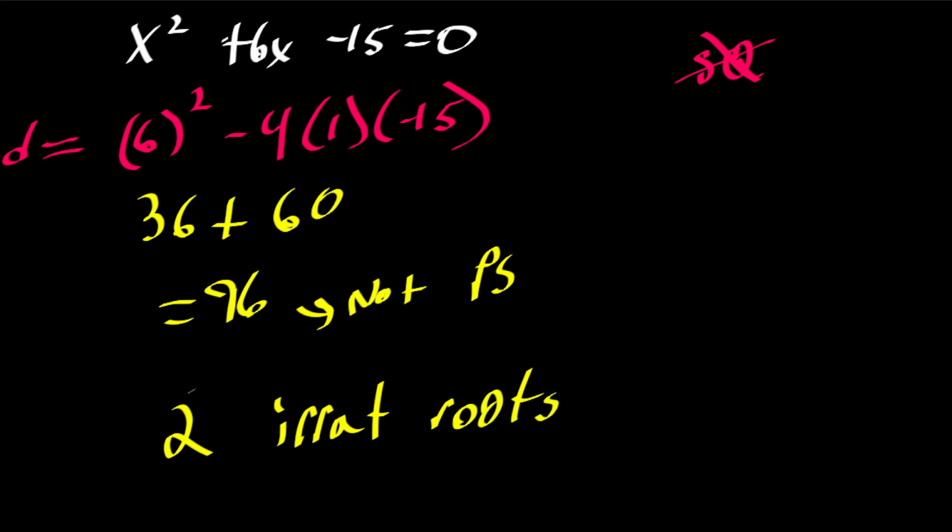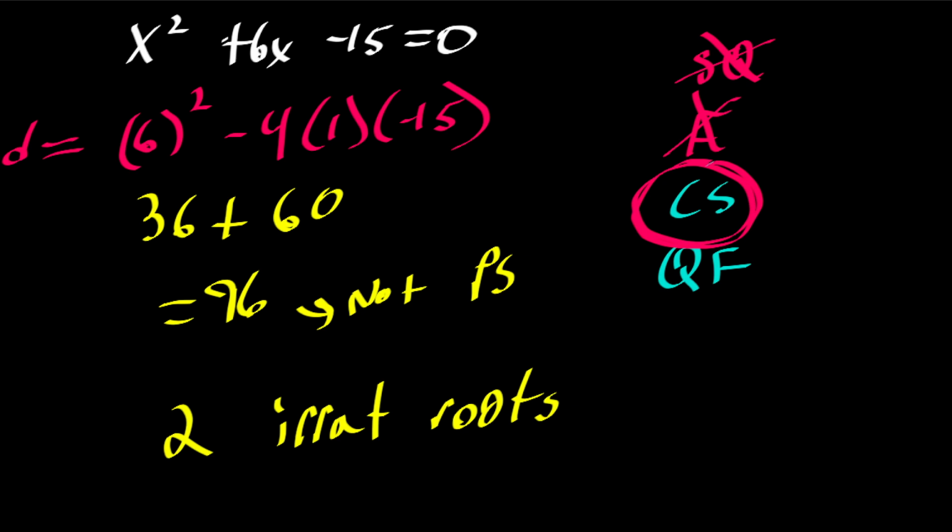Now, that just eliminated factoring, because remember, for factoring, we want to have rational roots. So now our only options are completing the square or the quadratic formula. And actually, both of these options are good options in this case. However, there's one that's better than the other, and it's completing the square. And here's why.